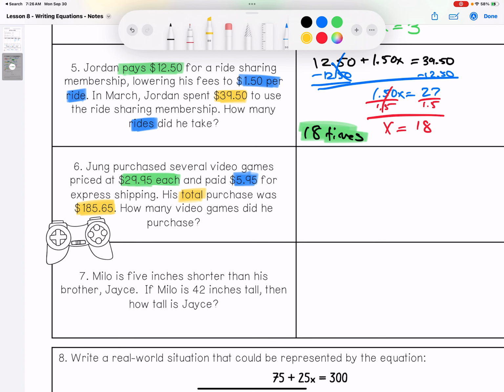How many video games did he purchase? So it's $29.95 for each video game. What do we not know? How many he bought. So that's going to be x. So it is 29.95x plus the shipping equals his total, which was $185.65.